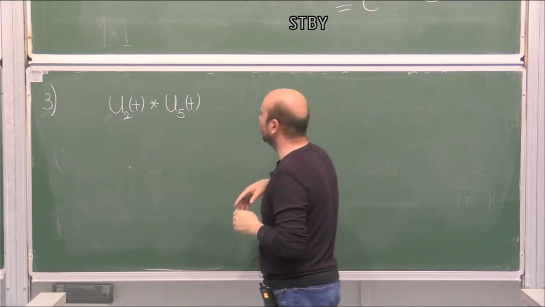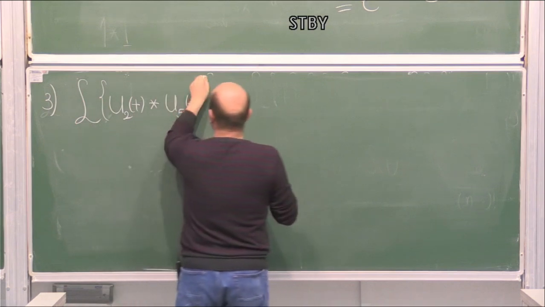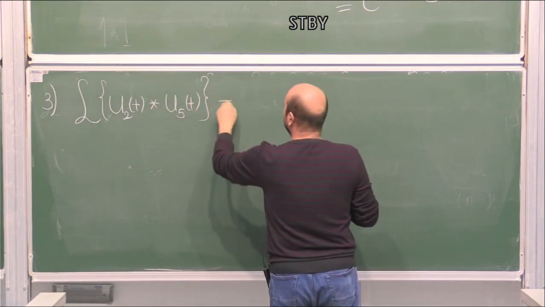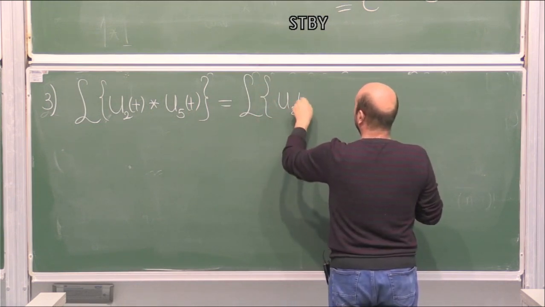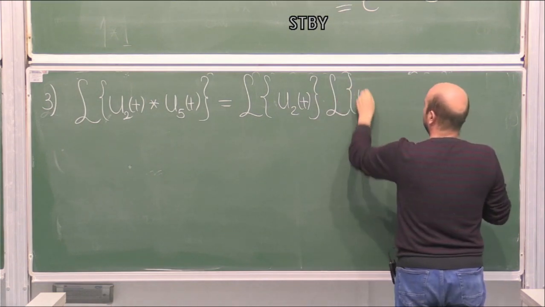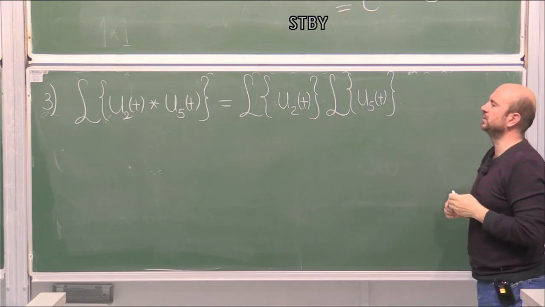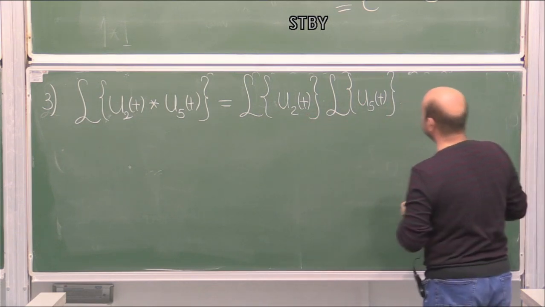So rather than doing that, I will just apply the convolution theorem, which says that whatever this thing is, its Laplace is equal to the product of the Laplaces. I know this one and this one.